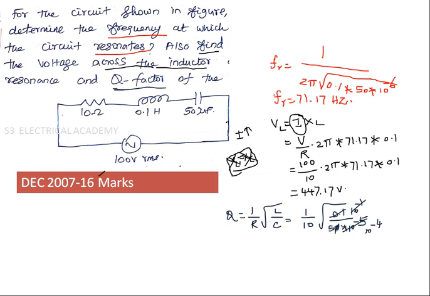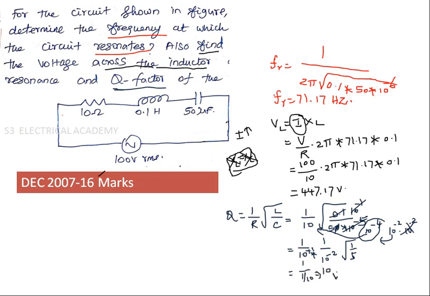So root of 10 power minus 4, if you take the root, is 1 by 10 multiplied by 1 by 10 power minus 2. 10 power minus 4 will be written as 10 power minus 2 into 10 power minus 2, so one term will be taken outside. Within the root we will have 1 by 5. So 10 power minus 2 into 10 power plus 1 is 10 power minus 1. 1 by 1 by 10 is equal to 10.